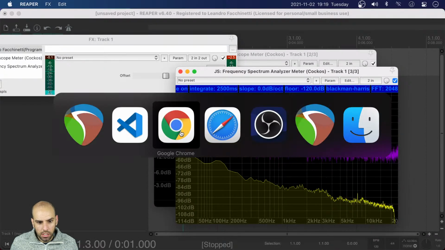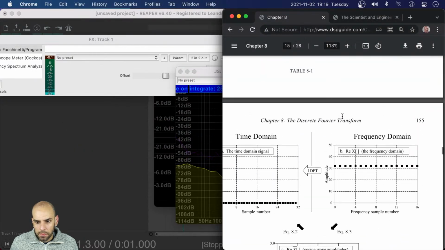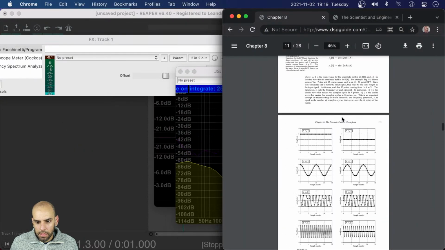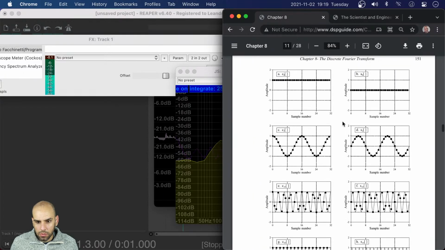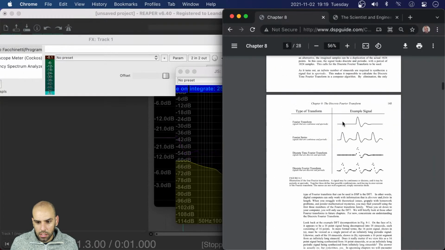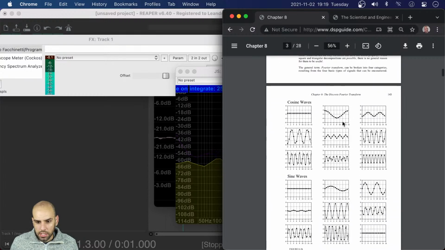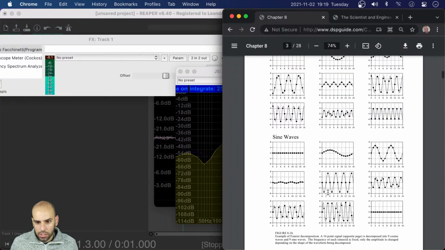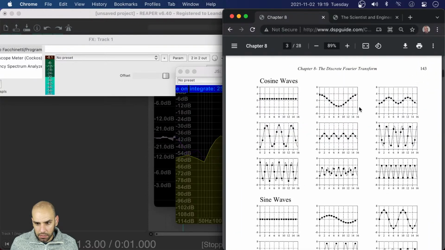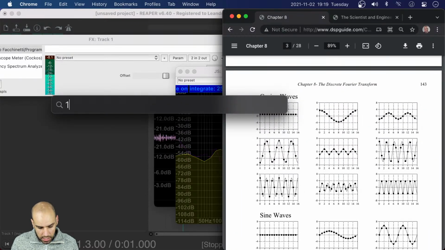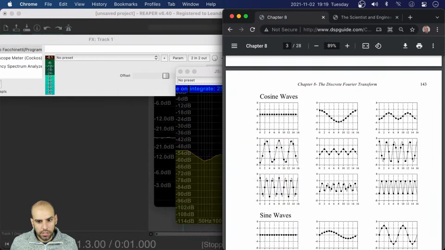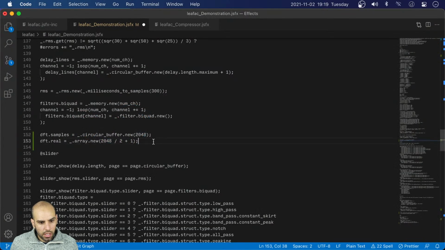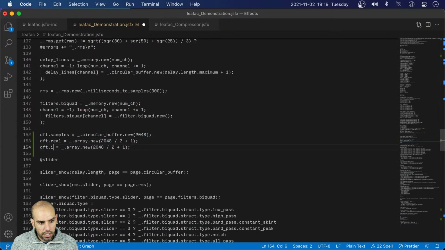Remember that if we had 16 samples, the real part would have 9 samples. 9 is 16 divided by 2 plus 1. Got it. Alrighty. And the same for the imaginary part.